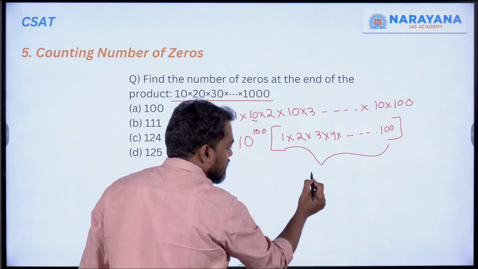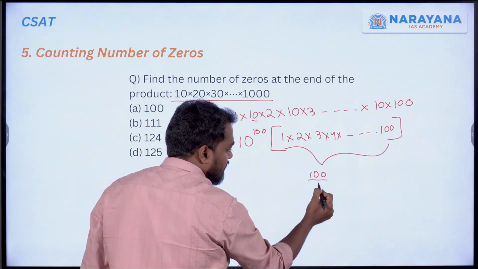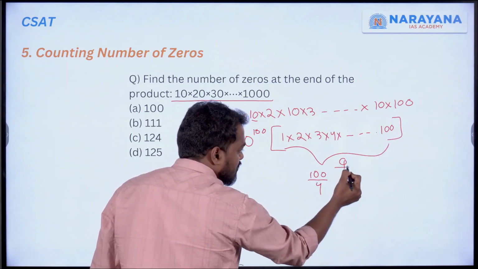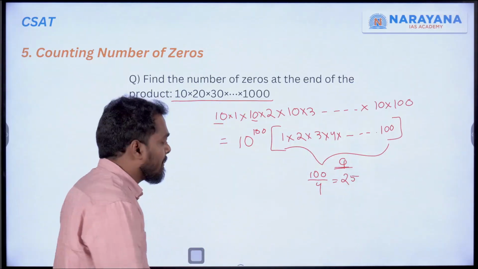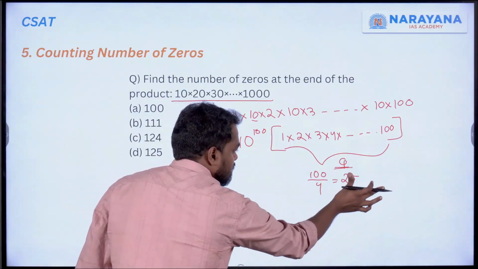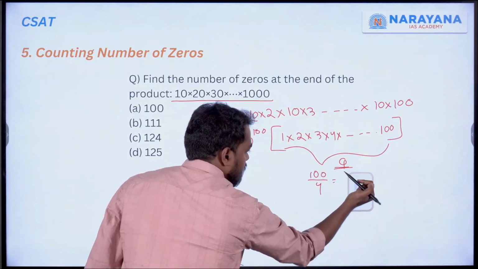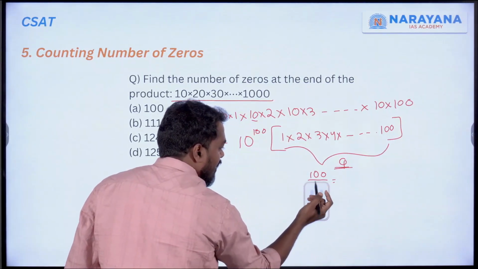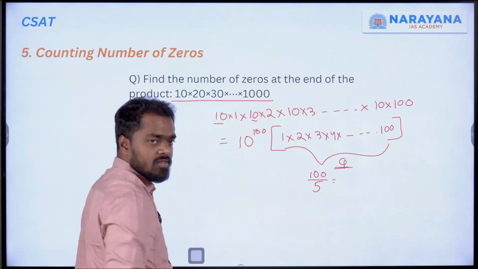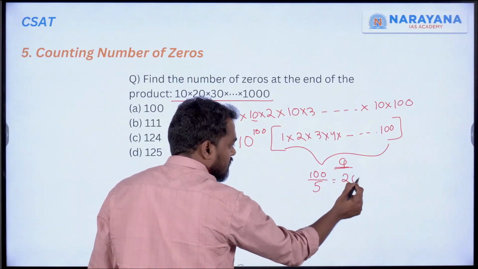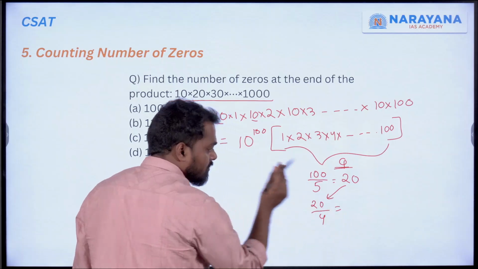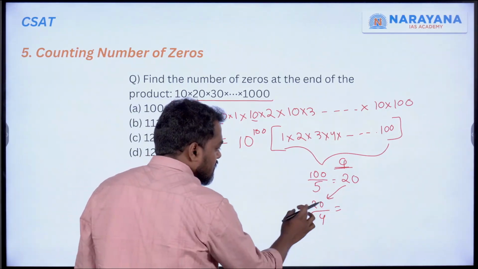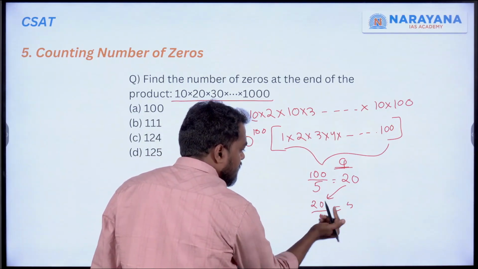Take the last number, 100, and divide it by 5. What is the quotient? 20. Sorry, you have to divide it by 5.